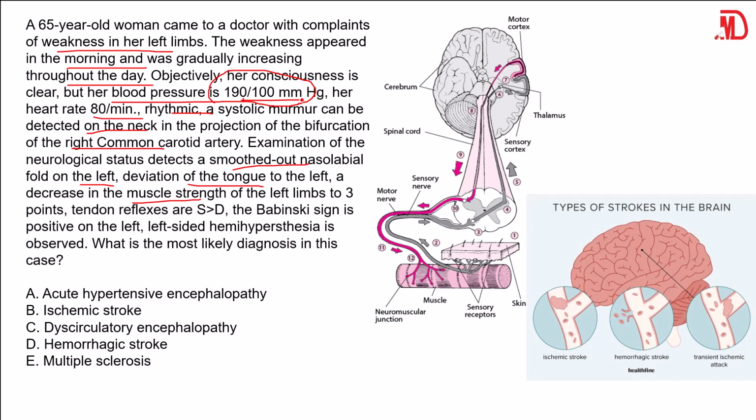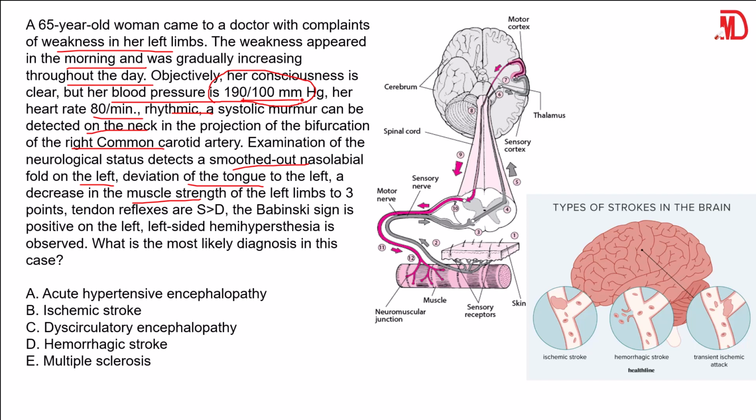We have the ischemic, which means there's reduced blood flow. We have hemorrhagic, which means there is an injury or there's a bleeding in the brain, or we have what we call the transient ischemic attack, which means it's a form of stroke, but it is temporal. So it can easily be reversed. That's called TIA or transient ischemic stroke.